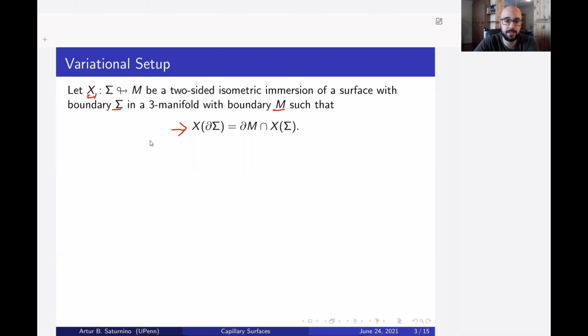What this is saying is that sigma does not meet the boundary of M in the interior, so there is no interior contact between sigma and the boundary of M. It also tells us that sigma does not have boundary inside of M. All the boundary of sigma is in the boundary of M.